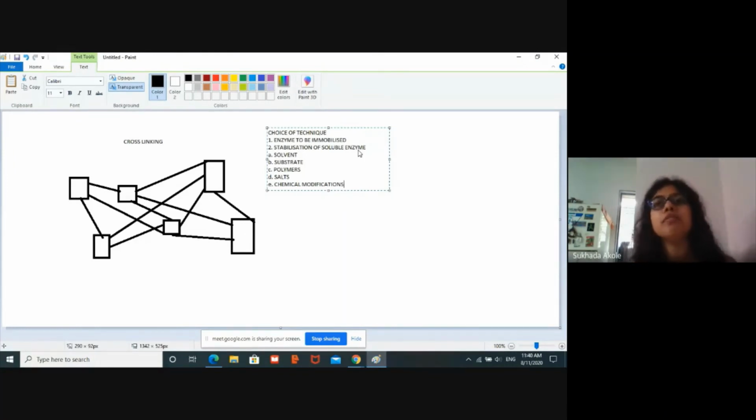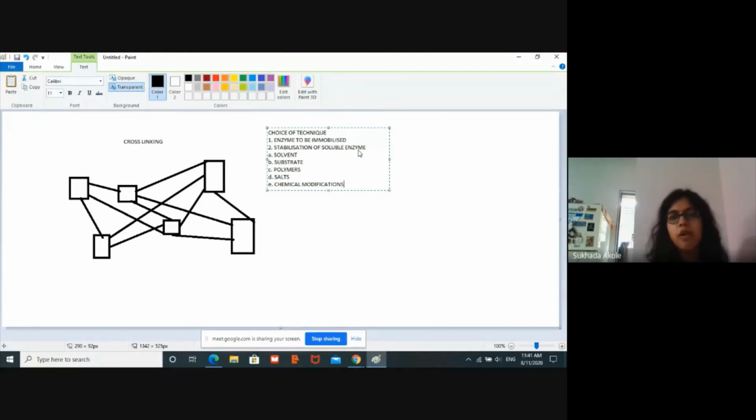We have to search for certain modifications such that the chemical structure of the enzyme does not change, and its activity does not decrease. So we add certain chemicals, like for example polyamino side chains like polytyrosine or polyglycine, or we do acylation of the enzymes using propanil or succinyl.